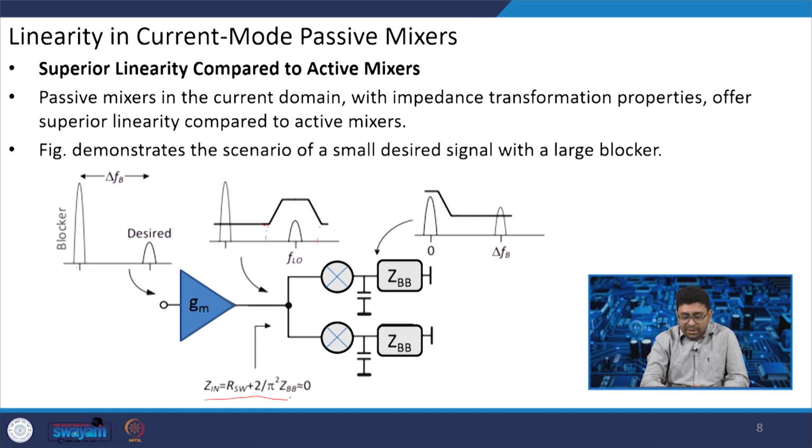If we realize this using Z_BB, then we can have better linearity, and it can easily block the blockers. This figure demonstrates the scenario of a small desired signal with a large blocker. It can easily filter out the blockers. So, in terms of linearity, this current mode passive mixer configuration is widely used, and it can be used for a blocker-resilient receiver design.